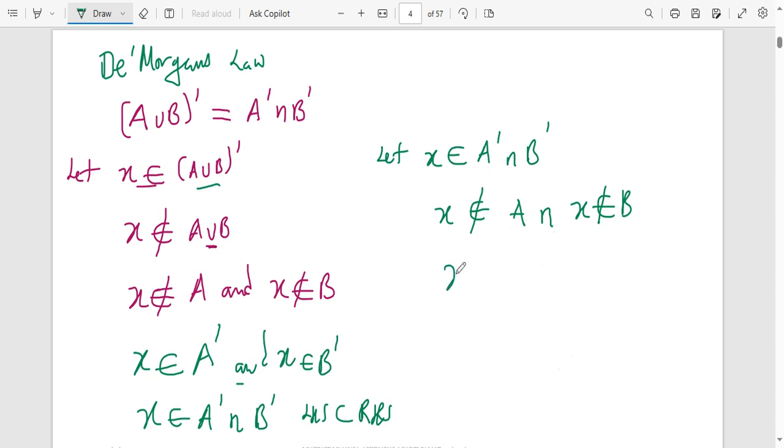Now, this will mean that X is a member of A. Now remember, this word intersection is supposed to mean and, but because this is not a member, we'll use or: not a member of B. This means that X is going to be a member of A, and the word or now changes.